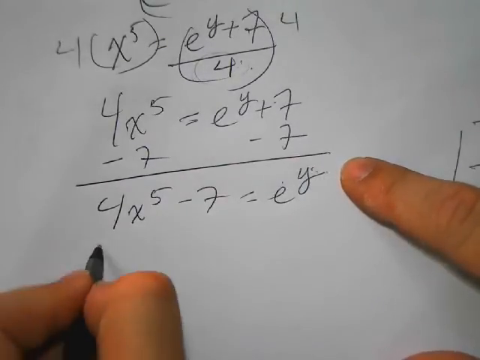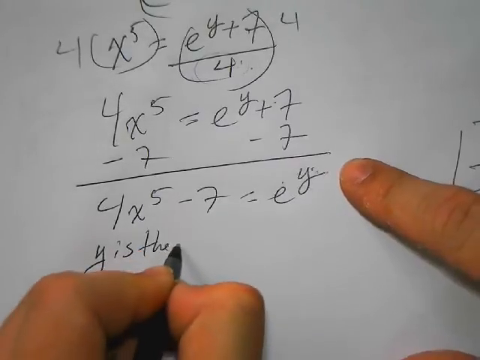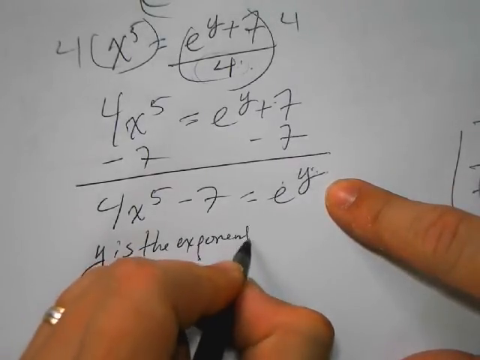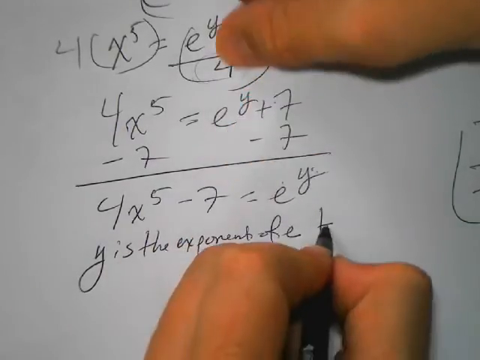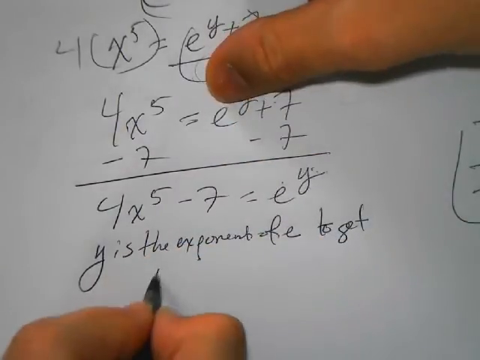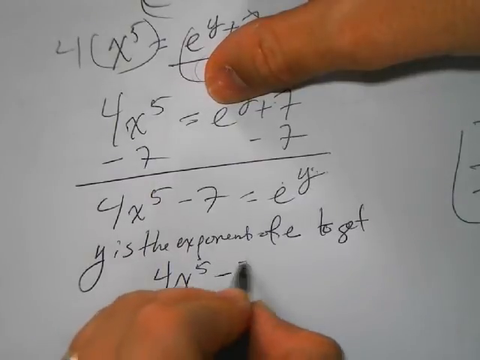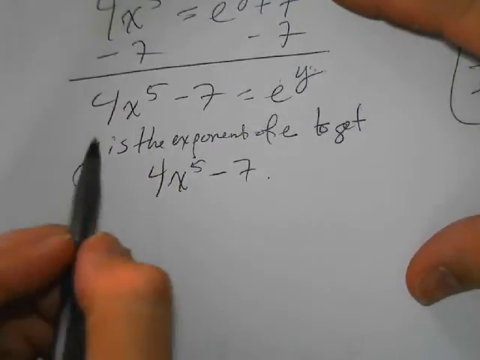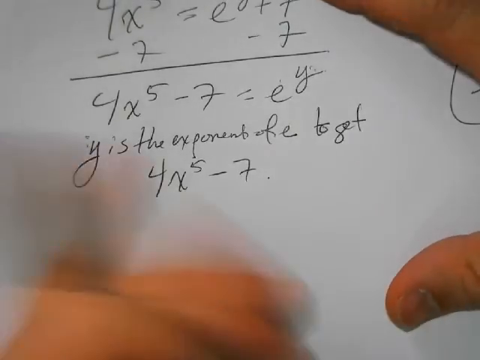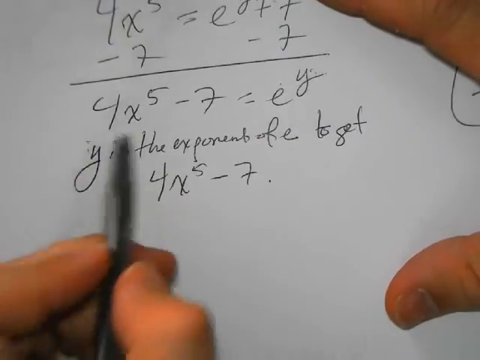This says that y is the exponent of e to get 4x to the 5th minus 7. Using this sentence, we can now rewrite our log.